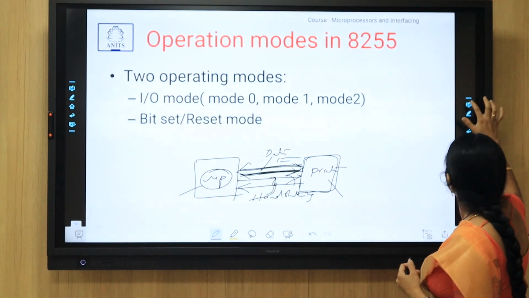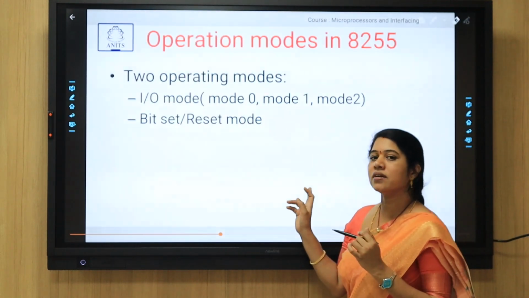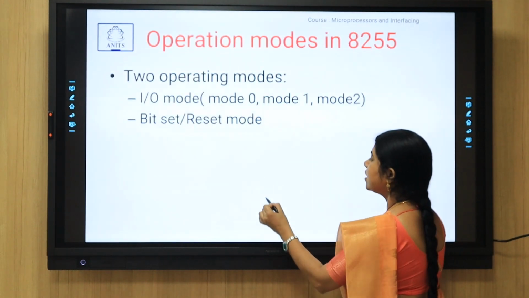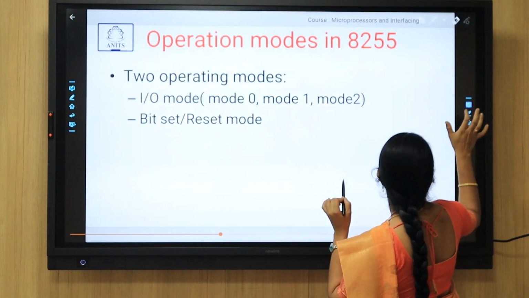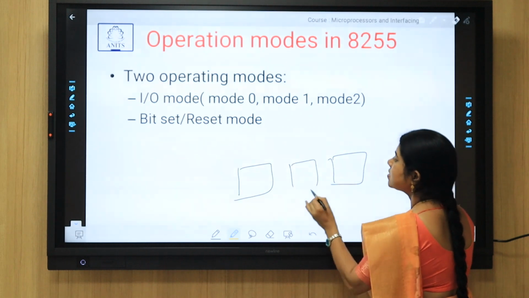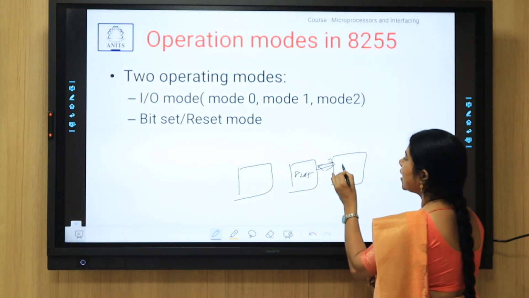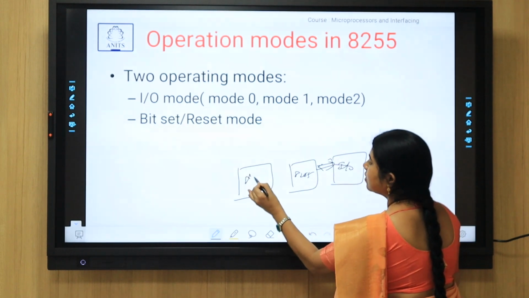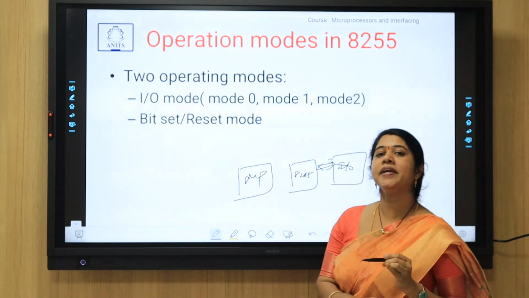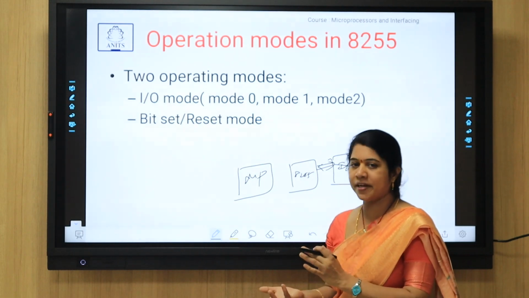So whenever the processor is interfacing with the printer or other input-output devices, this 8255 is used so that the reliability of operation is there. Otherwise, unreliability happens.